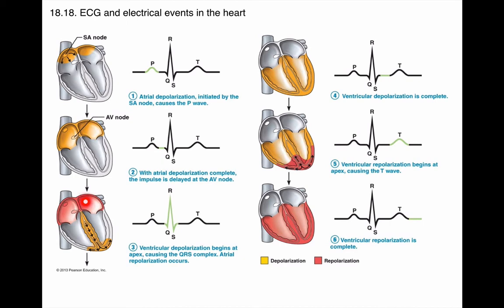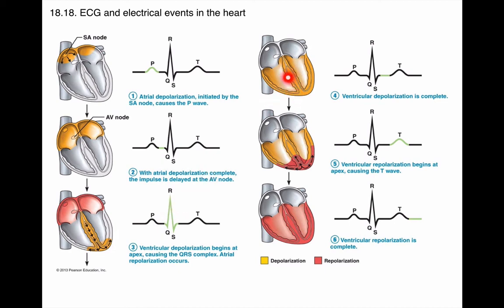After that point, the atria start to repolarize, stuck within this QRS complex. But during this period, you also see the contractile wave shooting down to the apex of the heart, which is also reflected by QRS.